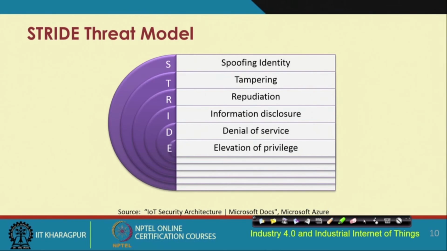So, that is repudiation. Information disclosure is well understood, and denial of service means you send so many requests to a computational resource that after some time that resource is overflooded with the limited capacity that it has, and that is how future requests sent to that particular computational facility are going to be denied.